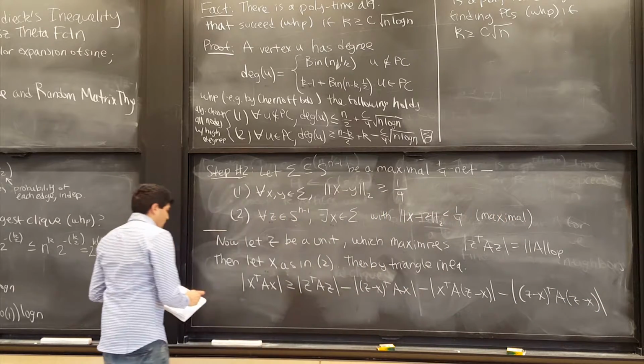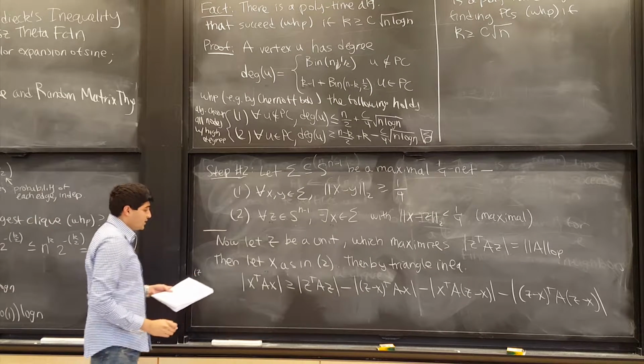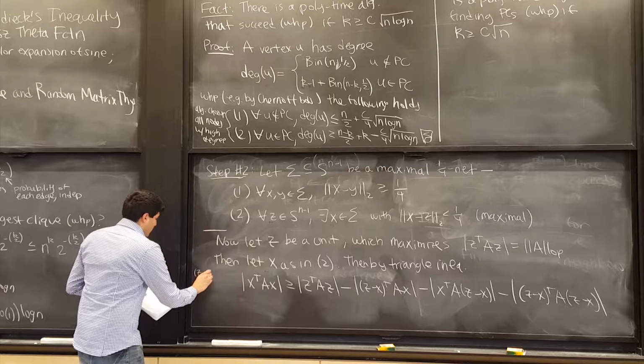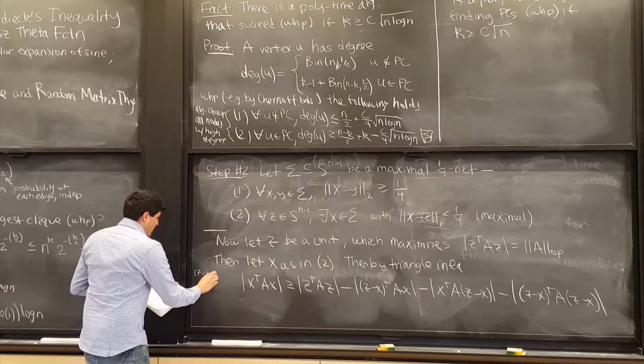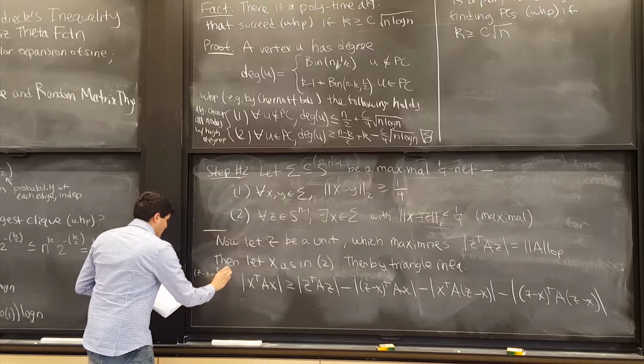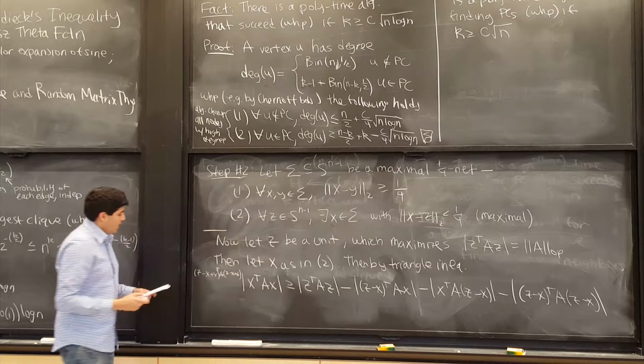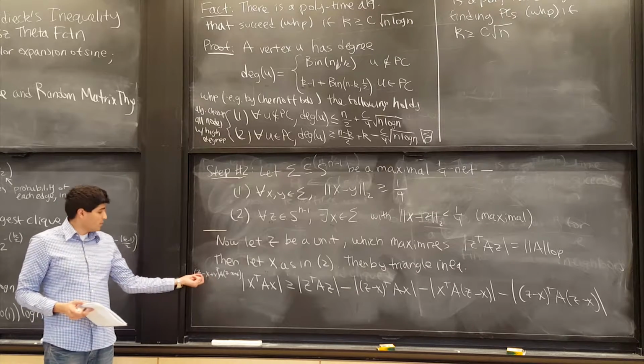What this really comes from, just for intuition's sake, is that you're taking z's quadratic form on A, and you're instead expressing it as (z minus x plus x) transpose times A times (z minus x plus x). And all you're doing is collecting different terms.